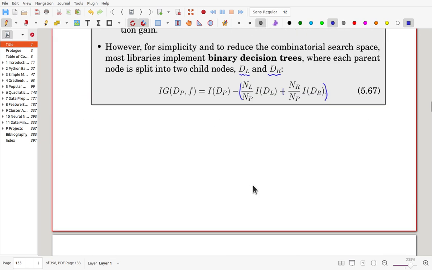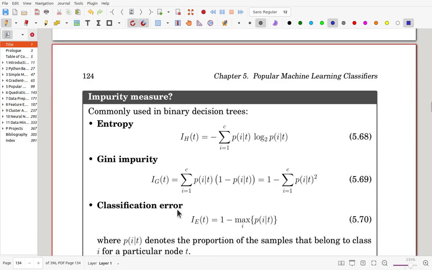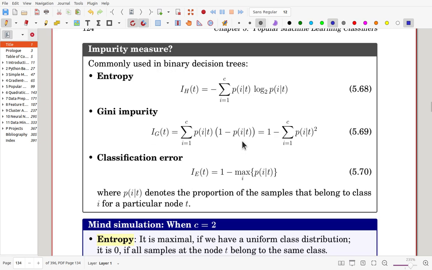The information gain is based on the choice of impurity measure. Here we have examples commonly used in binary decision trees. The first one is the entropy measure, defined in this way. Now, what is pi? That is the proportion of the samples that belong to class i for a particular node t.